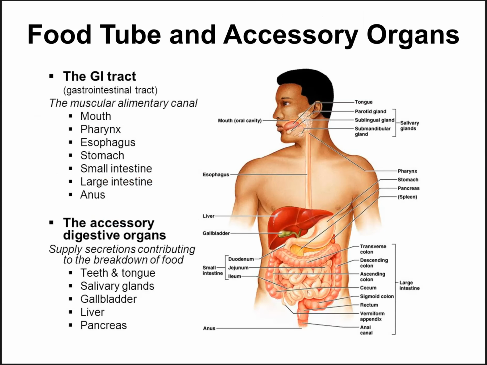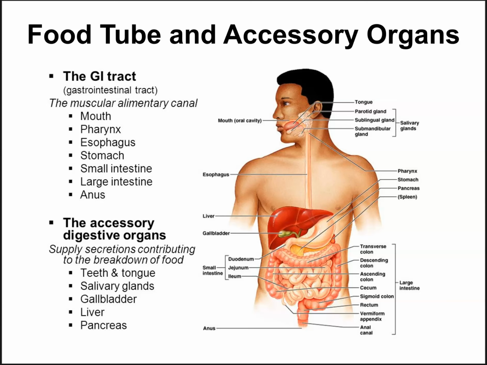So, the process of digestion involves the gastrointestinal tract and a lot of accessory organs that help in breaking down food. The first portion of the digestive tract is known as the GI tract, well, the major portion.